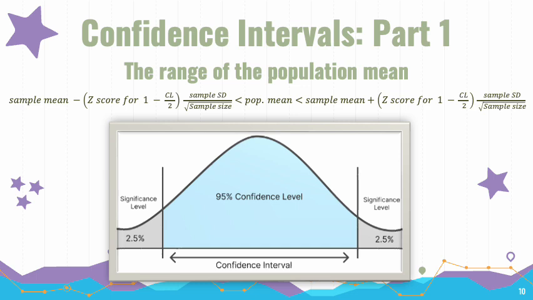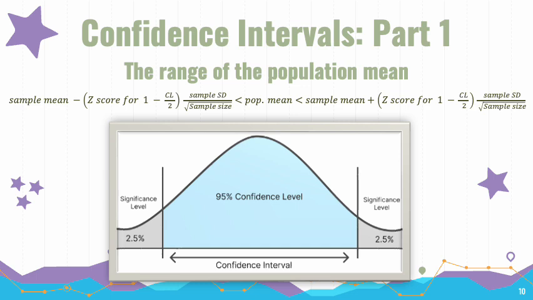What I want you to understand for this course is the relationship between the confidence level that is chosen and the confidence interval, or the range of data values. Most of the time, as I discussed, a 95% confidence level is going to be chosen, and a 95% confidence level for most research is considered acceptable.